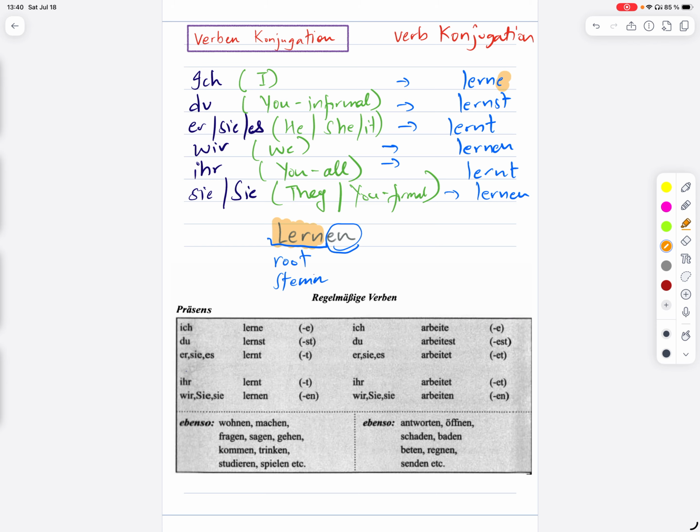For du, lernst, so we added an st. Er, sie, es lernt, we added a t here. Wir lernen, so here we added en, so essentially it's the infinitive form for wir. Then we have ihr lernt, where we added t, and then sie lernen again.